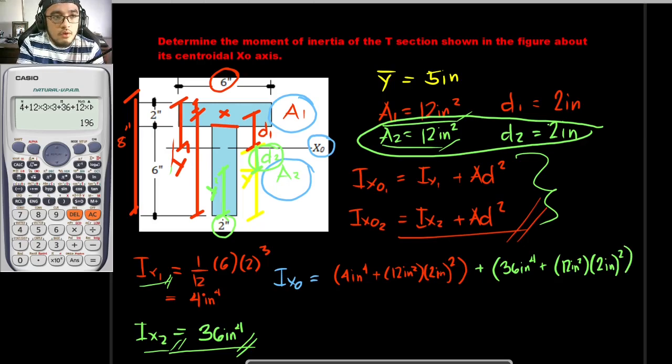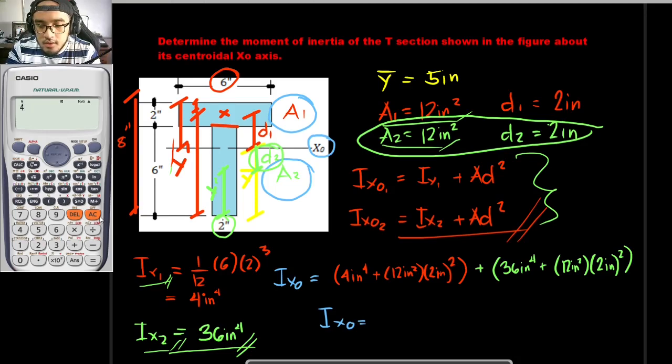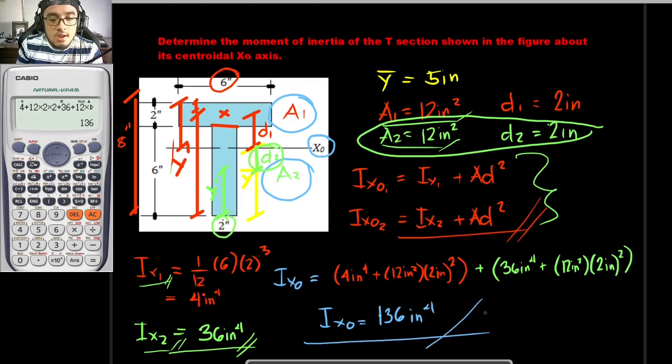So solving for this, our I sub x sub O is now equal to 4 plus 12 times 2 times 2, the ones in red, plus 36 plus 12 times 2 times 2, the ones in green. So solving for that, our value now is equal to 136 inches raised to 4. So this would be your centroidal moment of inertia about the x-axis.